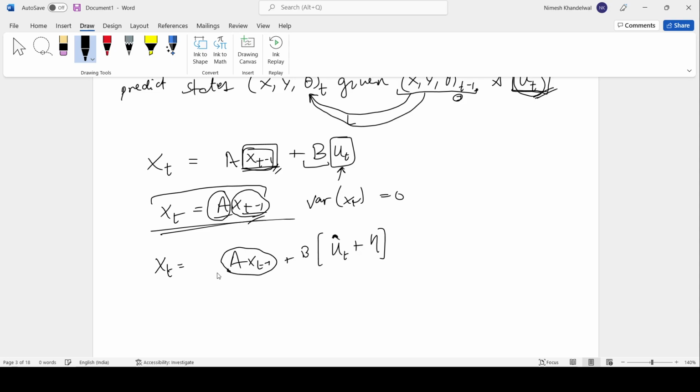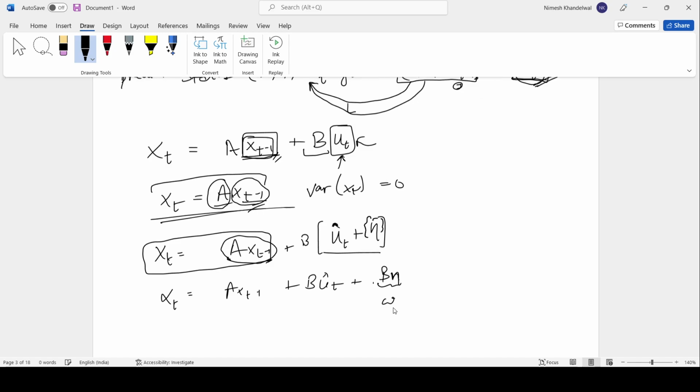Even if you assume, and I'm saying this again and again, that your transition model without the control was really accurate, when you apply control, even then the state will become stochastic: A x_{t-1} plus B u-bar_t plus B eta. This eta is noise in your control.